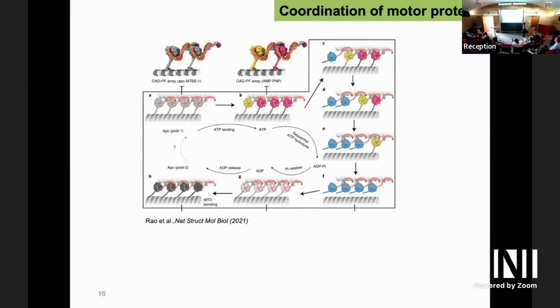In this way, it is easy to understand why we don't find single motors and always find an array. Still, we cannot explain why these patches are eight motors long, and this is a very interesting point.